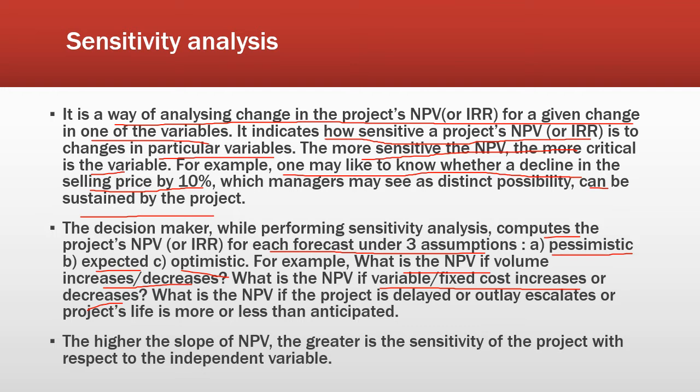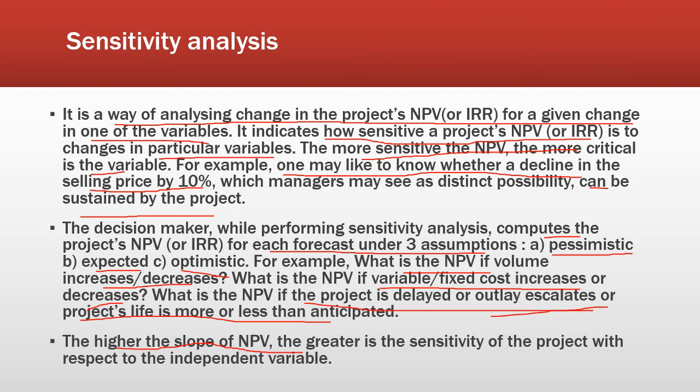Again, what is the NPV if the project is delayed or outlay escalates or project's life is more or less than anticipated? Outlay here is the initial investment. So these are the various variables, and this is how the NPV changes if there is a change in a variable. Sensitivity analysis is the way of analyzing the change in project's NPV for a given change in these variables.